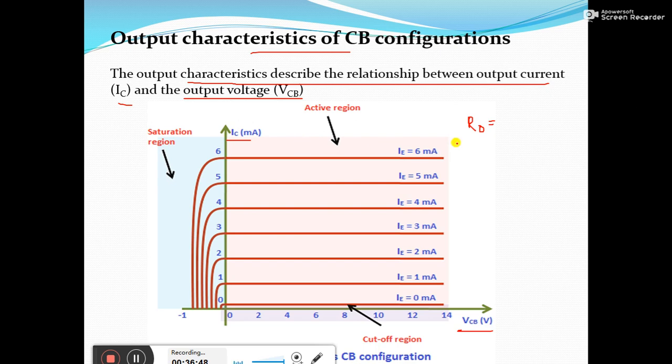So output resistance R0 is the ratio of change in VCB to the resulting change in IC, at constant IE. Here IE is made constant.